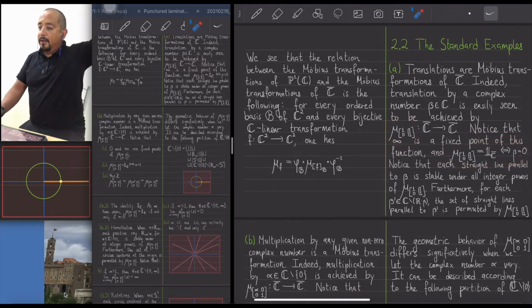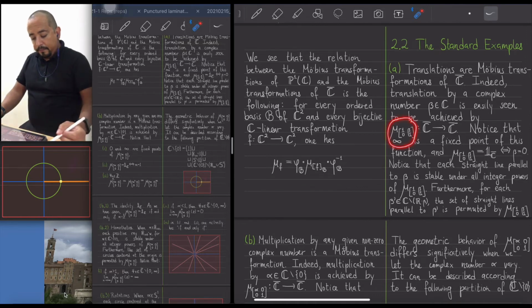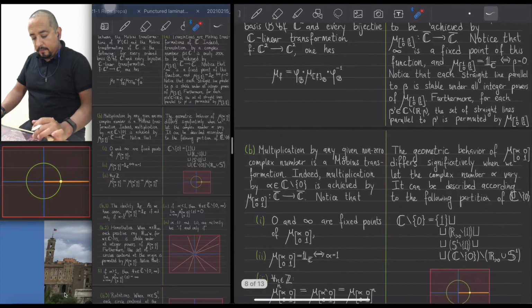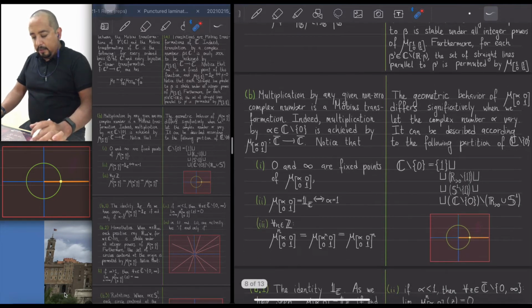There's no coming back. If I start applying the translation by beta and then by 2 beta and then by 3 beta, there's no coming back. So this one has infinite order always, provided it's not a trivial translation.